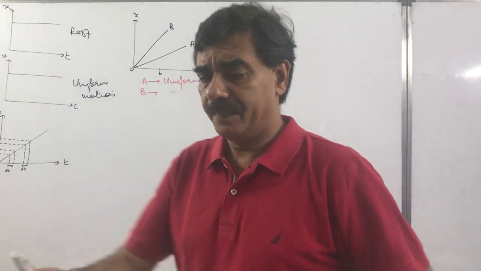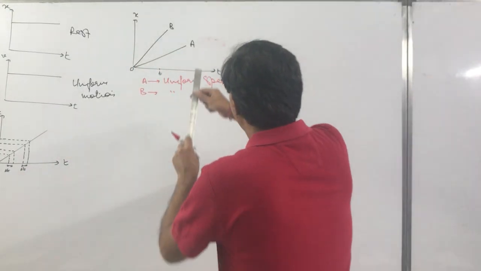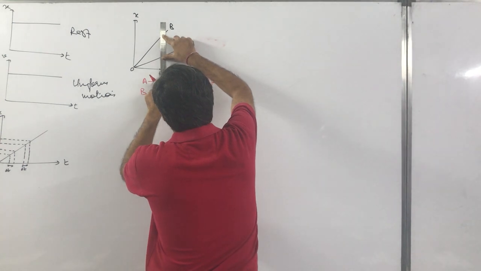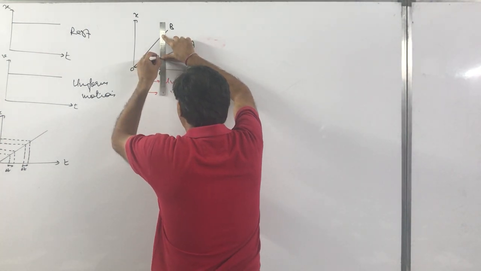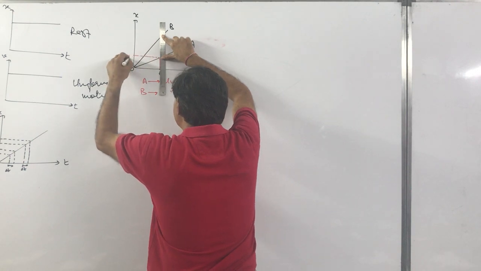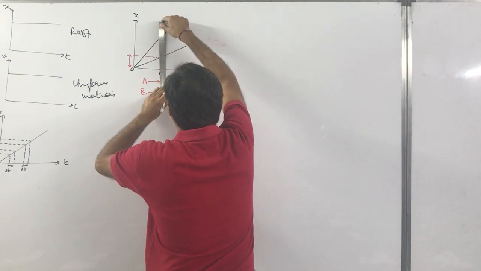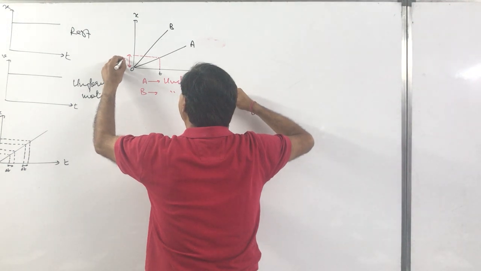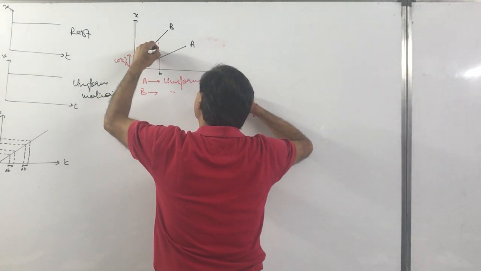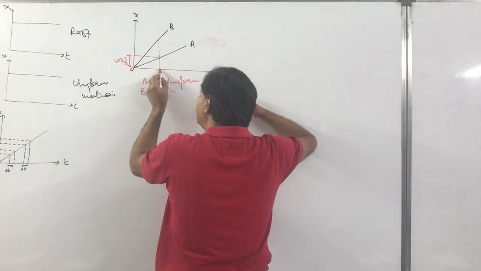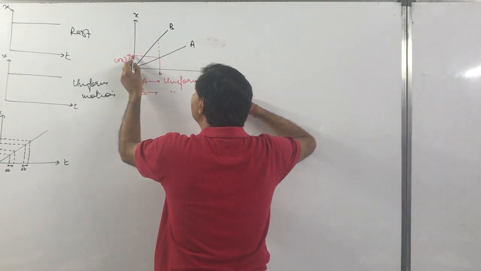Let me see. This is the distance covered by A, delta x for A. And this is on the graph at this time for A, this is the position.